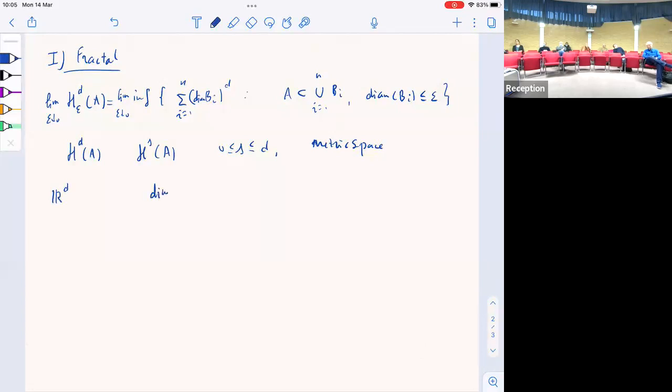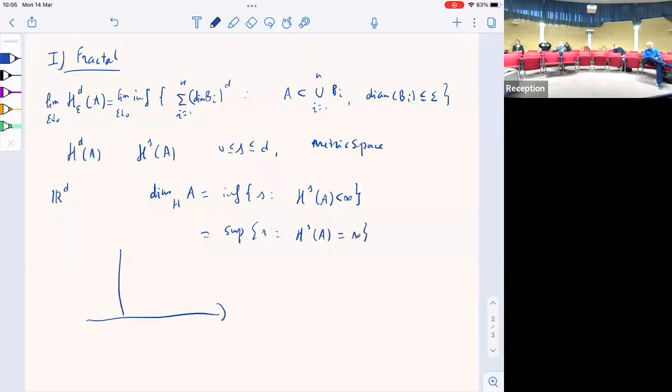There's a notion that I have to introduce, which is the Hausdorff dimension. The Hausdorff dimension of a set is defined to be the smallest s such that H^s of A is finite, or the sup of s such that H^s of the set A is equal to infinity.